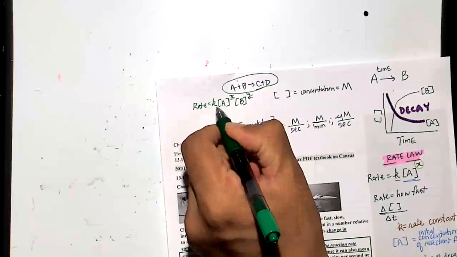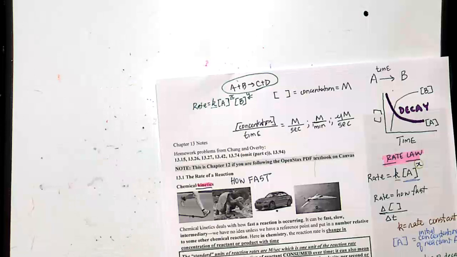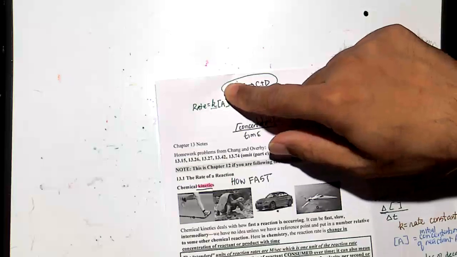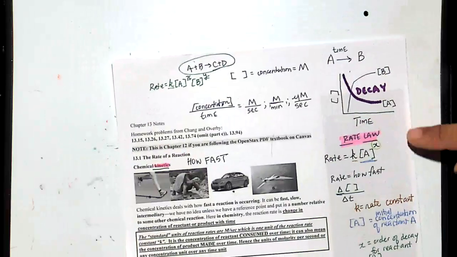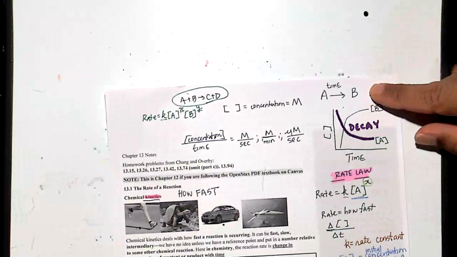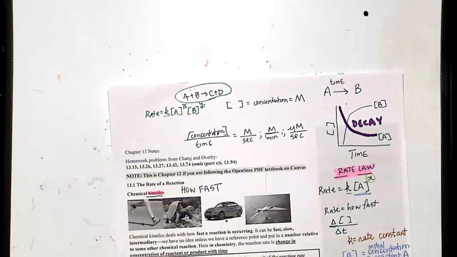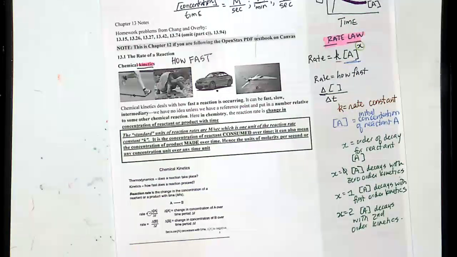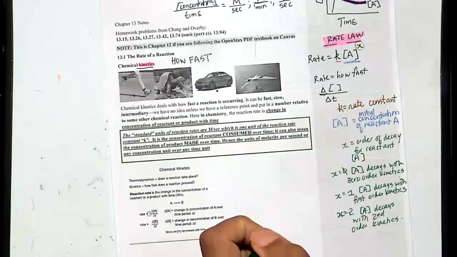Right, so we got to find X, we got to find Y, and we got to find rate constant K. Okay, for this reaction, you substitute real chemicals here. We got to find X and we got to find K for this reaction. You substitute real chemicals. Okay, so that's what we're going to be doing here. It's called a rate law.